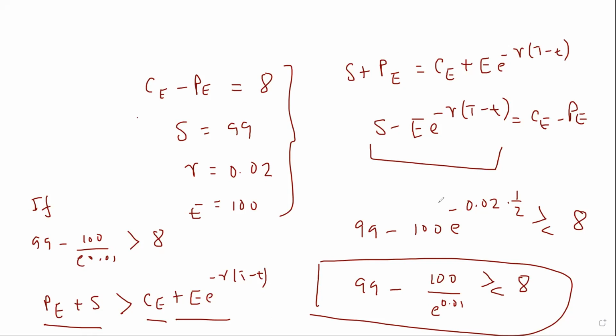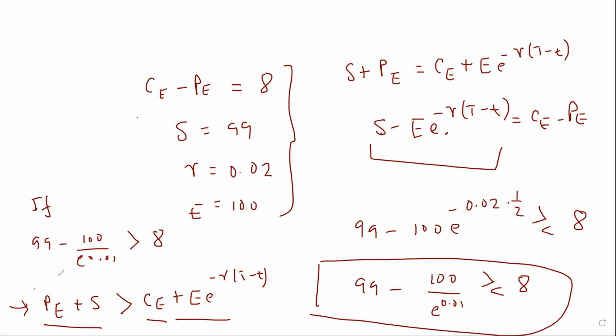Sir, I couldn't follow. What is if it's greater than what? If it is greater than 8, it simply means S minus this is greater than C minus P. And if this inequality is true, then you should go short on the left hand side and long on the right hand side.